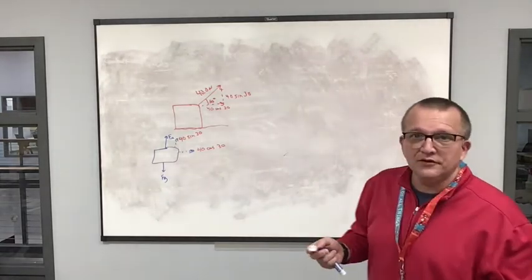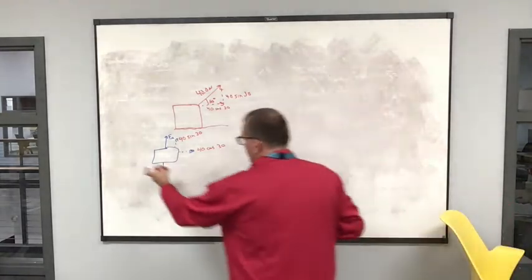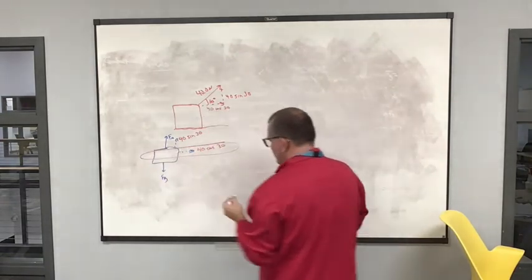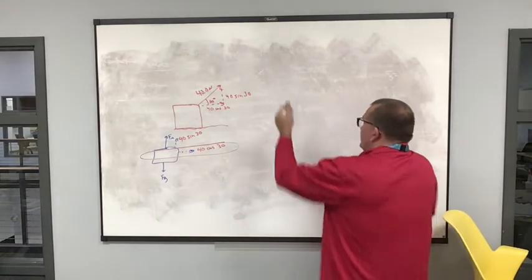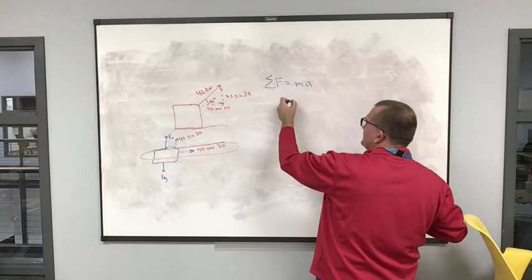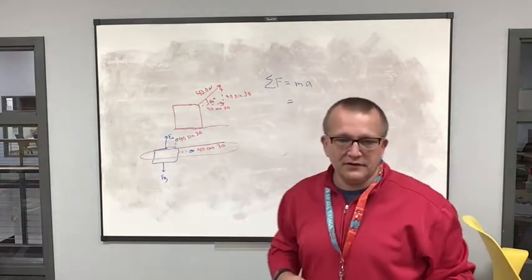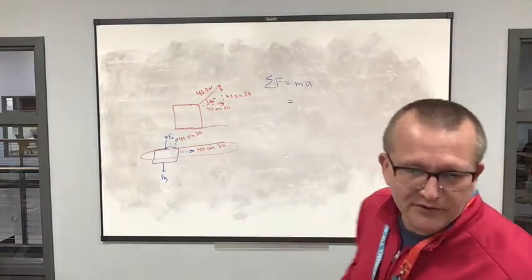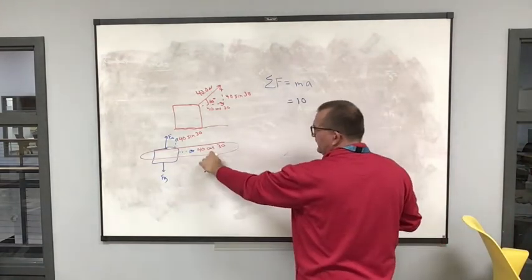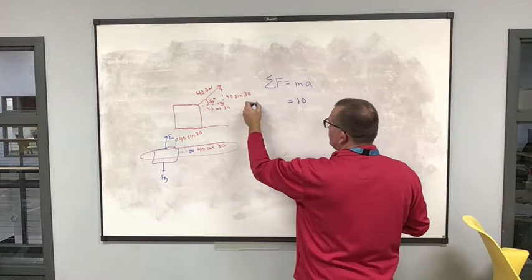So part A wants to know the acceleration. Well, we're pulling this way. So when I talk about the acceleration in this case, I'm worried about just what's going on in the x. So in the x, my net force is equal to ma. The mass of my box, I think we said, is 10 kilograms. My net force is going to be this only because that's the only force I have.